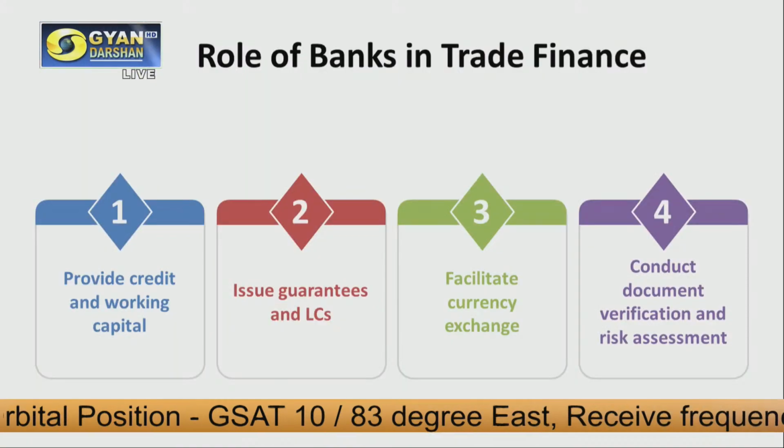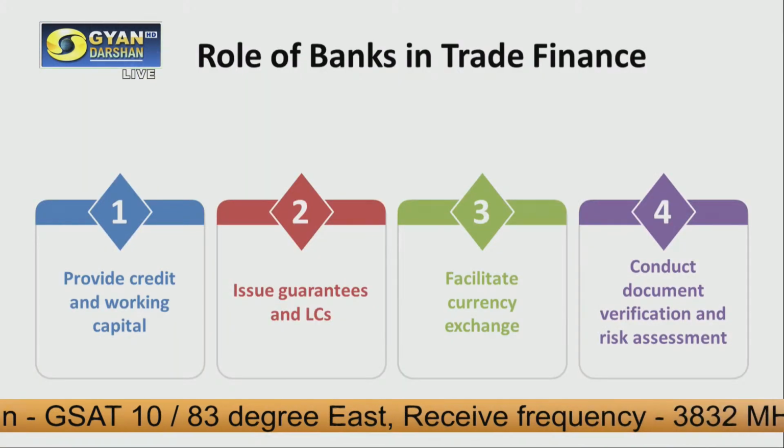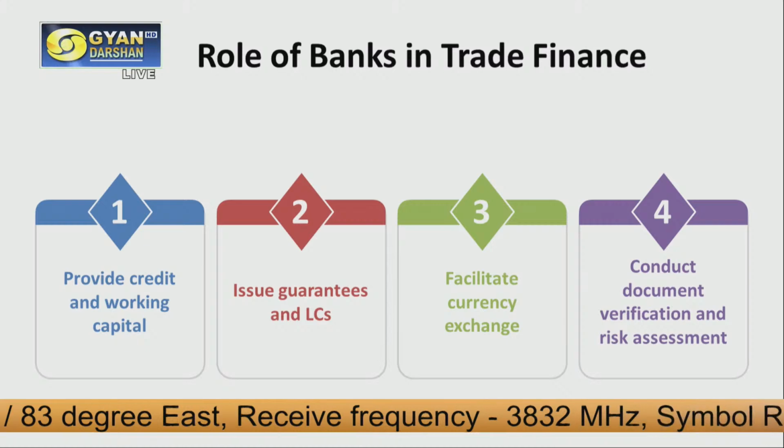So number 2 is these banks also issue guarantees and letters of credit, because we know whenever trade is done at the international level, the transactions are basically executed through the banks. So importers have their own banks and exporters have their own banks.